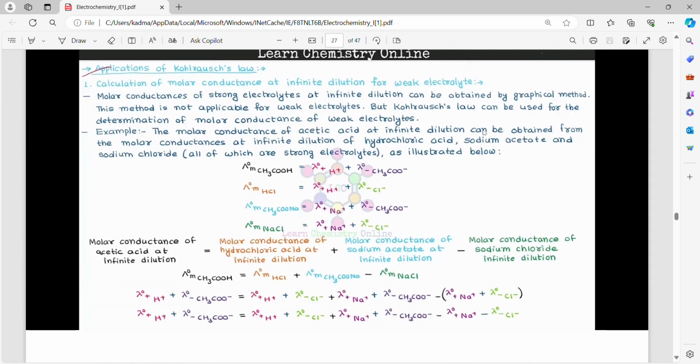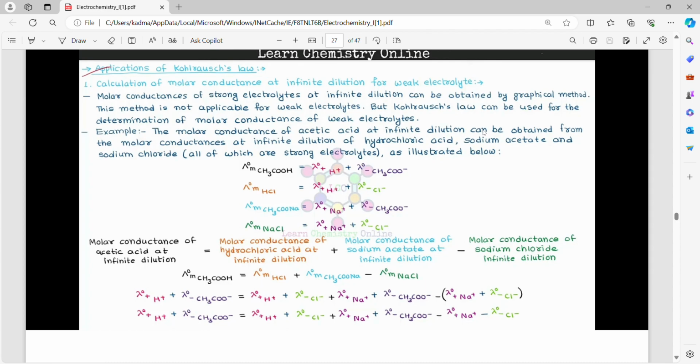Applications of Kohlrausch's law. Number 1. Calculation of molar conductance at infinite dilution for weak electrolytes. Molar conductance of strong electrolytes at infinite dilution can be obtained by the graphical method. This method is not applicable for weak electrolytes, but Kohlrausch's law can be used for the determination of molar conductance of weak electrolytes. Example: the molar conductance of acetic acid at infinite dilution can be obtained from the molar conductance at infinite dilution of hydrochloric acid, sodium acetate and sodium chloride, all of which are strong electrolytes, as illustrated below.